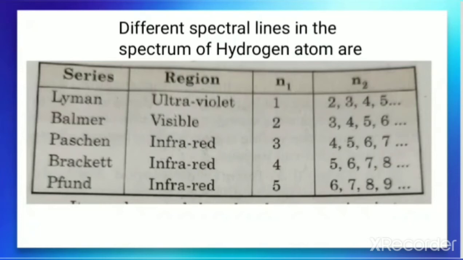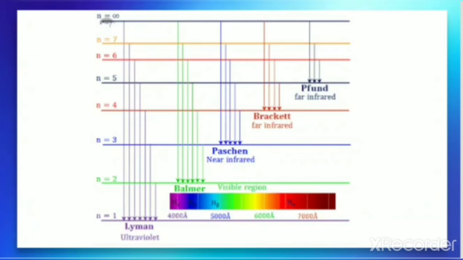This can be better explained through this diagram. In the Lyman series, the electron transition takes place from infinity to the first level, that is n infinity to n1, n7 to n1, n6 to 1, 5 to 1, 4 to 1, 3 to 1, 2 to 1.